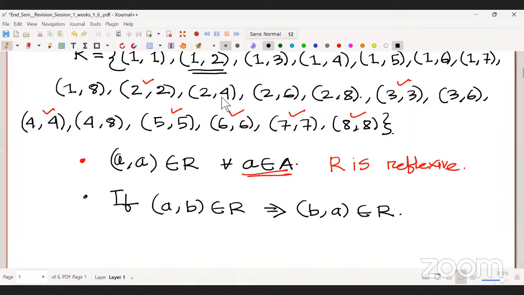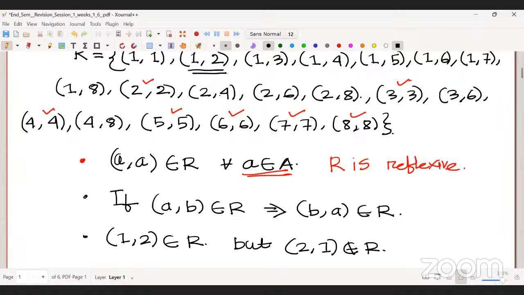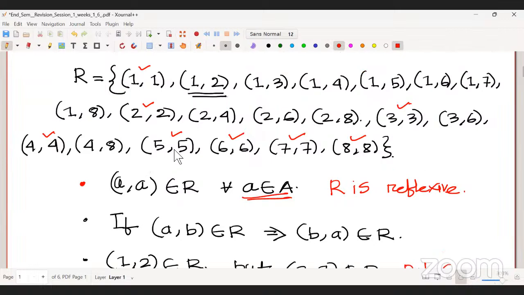As you can see, 1, 2 is in R, but 2, 1 is not in R. So that's why R is not symmetric.